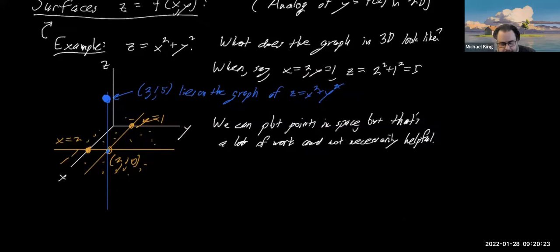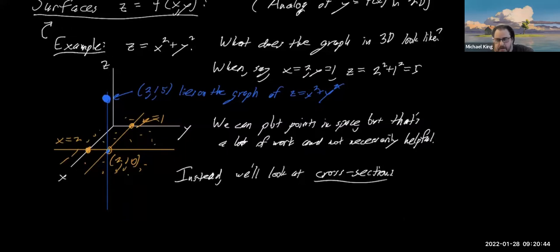So instead, one of the first things we're going to do is look at what are called cross sections of the graph. Seems important enough to put a little box around that.